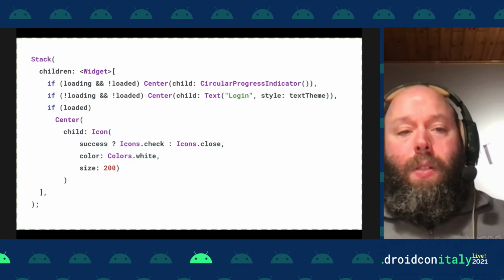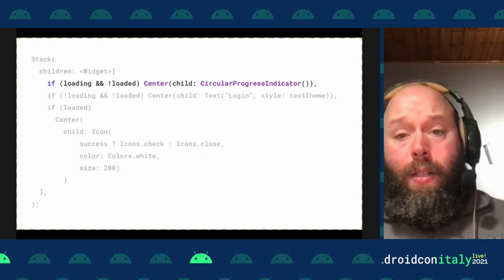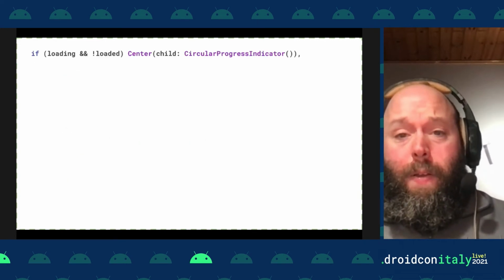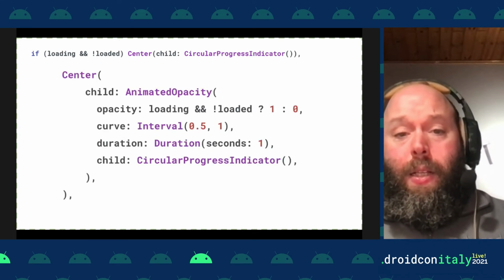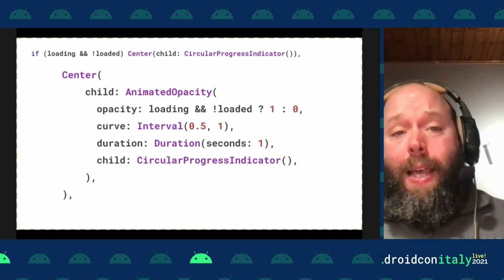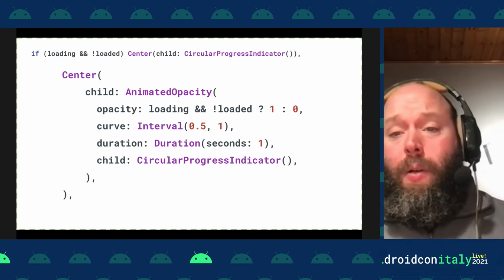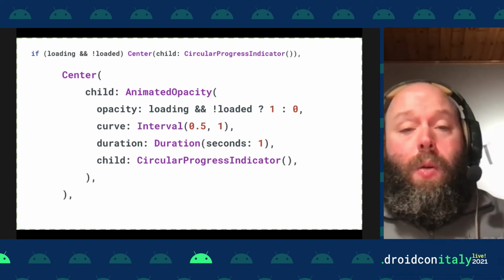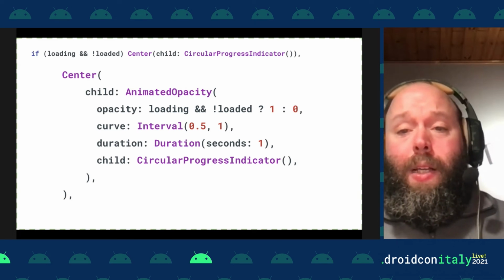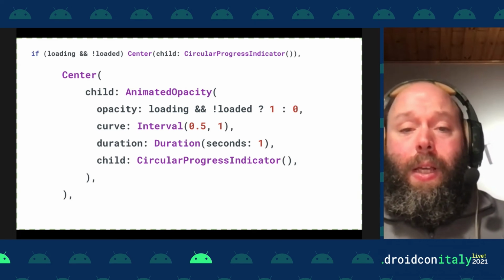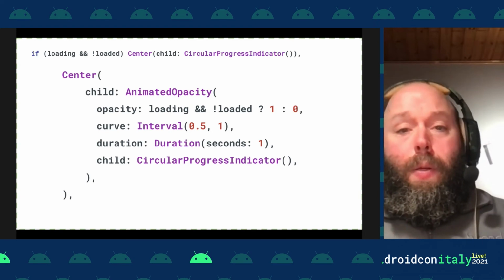Let's see it in the code. Basically, we take this widget, the circular progress indicator specifically, and we wrap it in an animated opacity. When the state is what we want, we animate the widget with opacity 1. We simply set the value of the opacity to 1 in the case we want it visible, and 0 when we want it not visible.